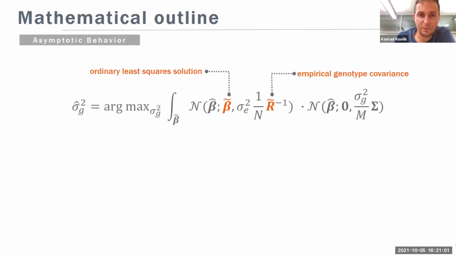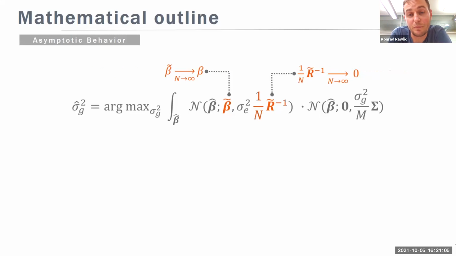The nice thing about this expression is we can look at what happens to it when the sample size goes up. Because the beta tilde is just the ordinary least squares solution, we know by standard results that it converges to the regression coefficients. And the second expression, because it's an unbiased estimator of the covariance, and it's divided by the sample size n, nicely converges to 0.